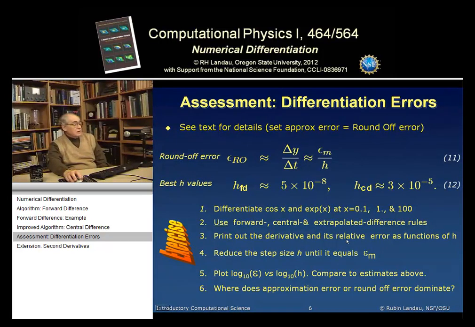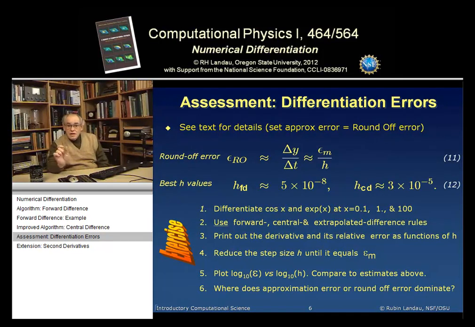Compare, of course, to the analytic. Use the forward, central, and extrapolated difference rules, and print out your answers and the relative errors as functions of h. The relative error means the analytic minus the numeric divided by the analytic. Take absolute values so they're always a positive number, because we don't care which is bigger or smaller. That's what we mean by the relative error.